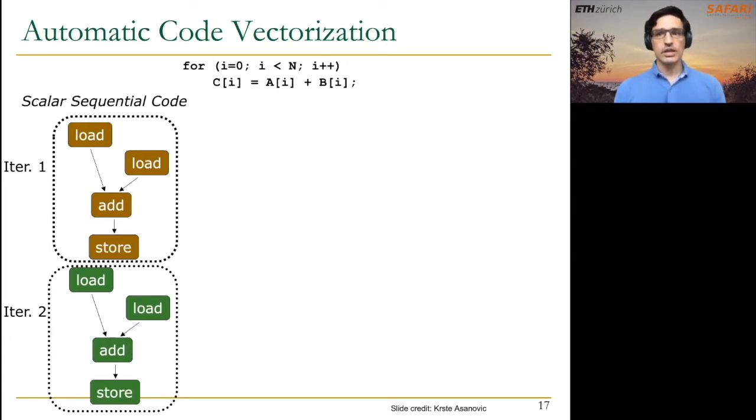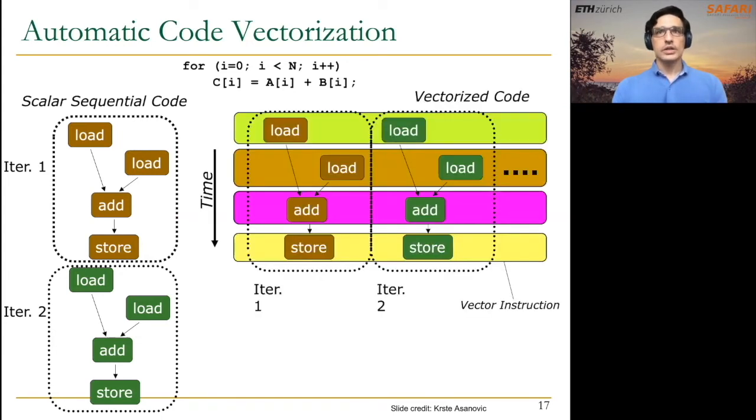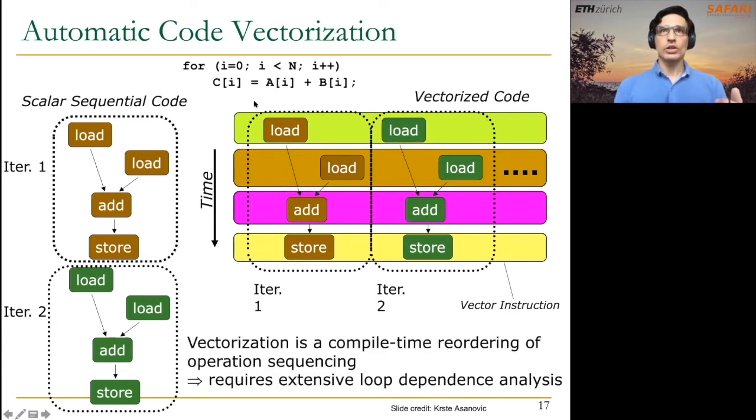And this is something that the compiler can realize, and based on that, generate vectorized code. Something like this. The compiler can identify what instructions can be packed together. This load here will be part of a vector load instruction, and then another vector load instruction, and then a vector add, and then vector store.